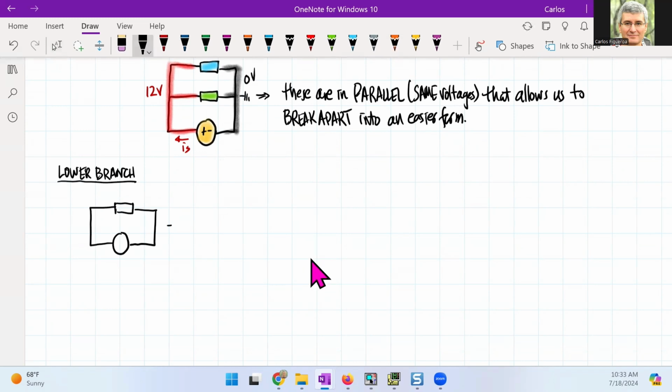And this is then going to equal this guy. So in other words, if I distribute these guys, then this guy here is going to be my 3 ohm.